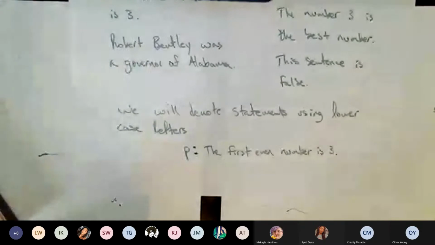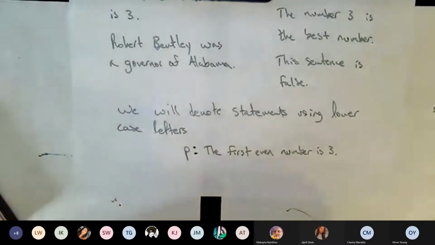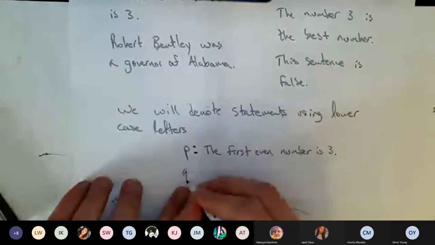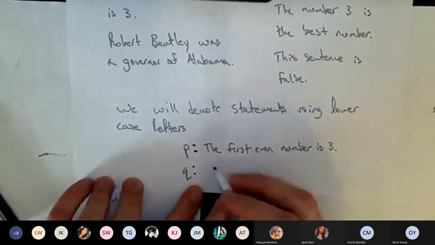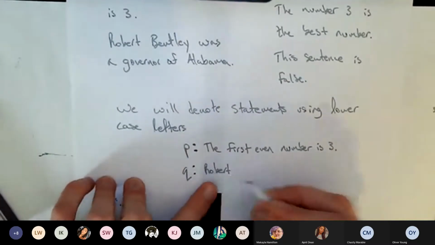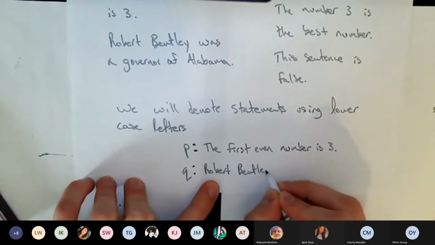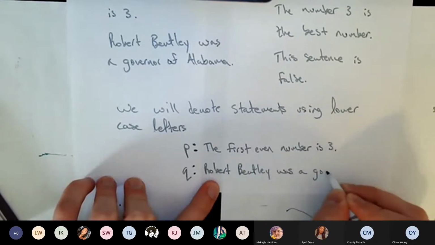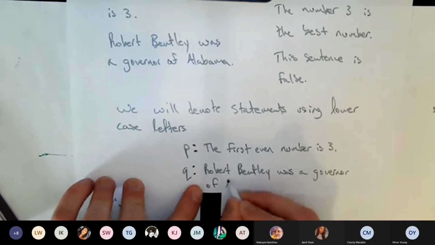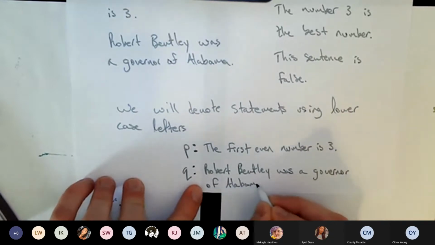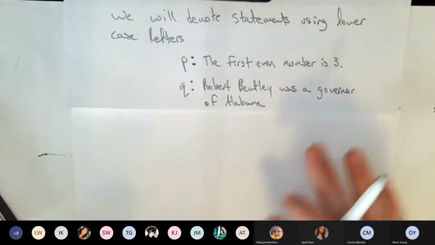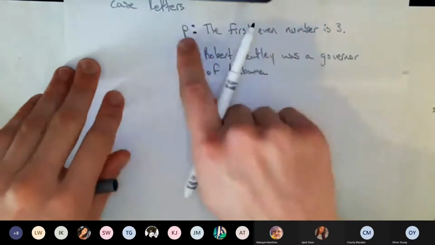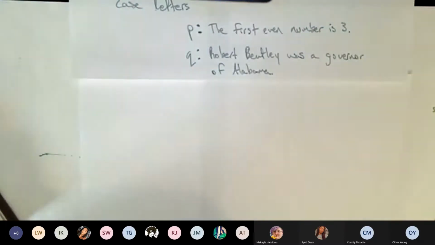So p could be assigned a value of true or false. Another common letter we use is q. We'll use p, q, and r a lot. I could write the other statement there: Robert Bentley was a governor of Alabama. Just a little bit of notation there. In fact, I might use this p and this q later in some examples.